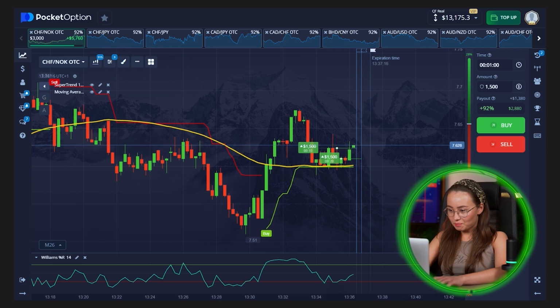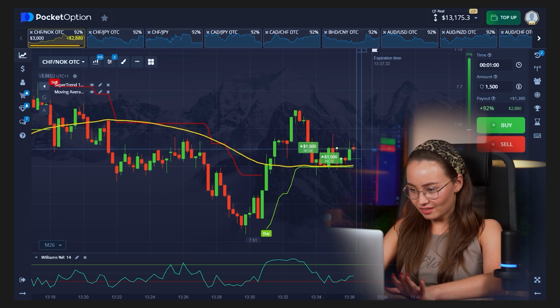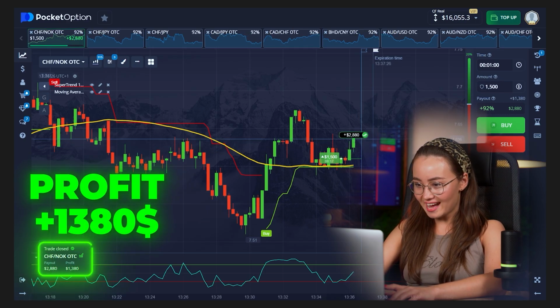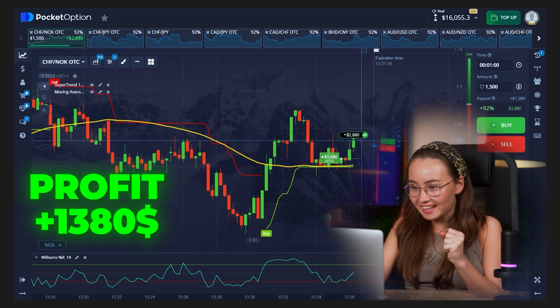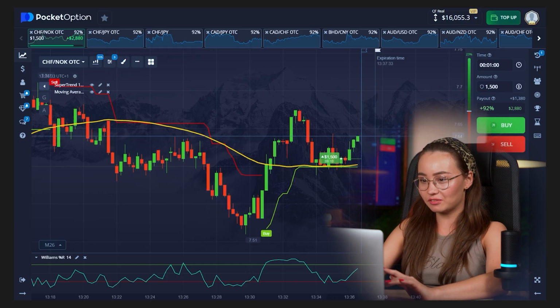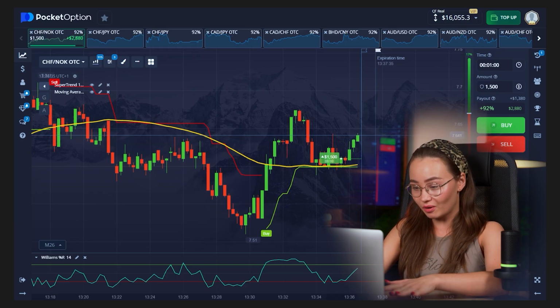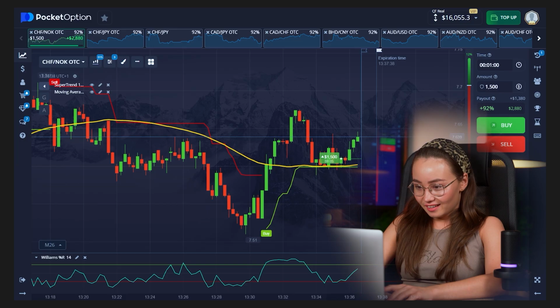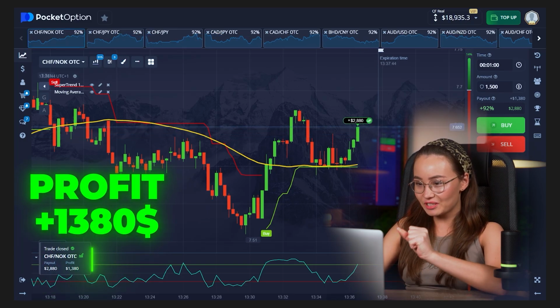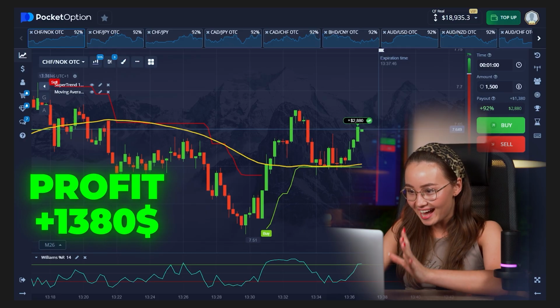Yes, it's perfect. Where are we going? No, please, just continue. Yes, guys, we did it. It's annoying that the price dropped sharply just a second after opening the trade, but we still got our profit. Here's our second win, guys.